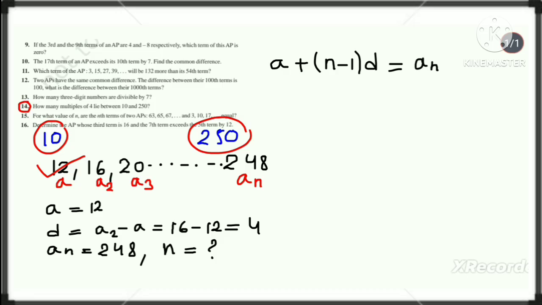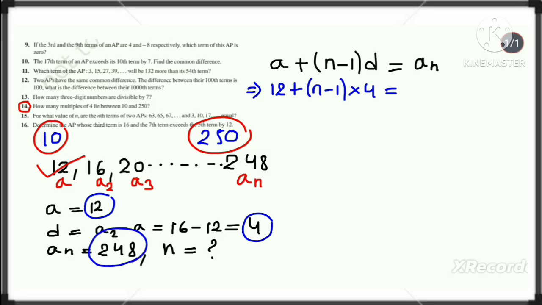Here A equals 12 plus n minus 1 into D, which is 4, equals AN, that is the last term, 248.